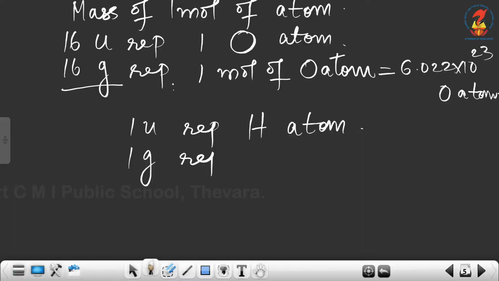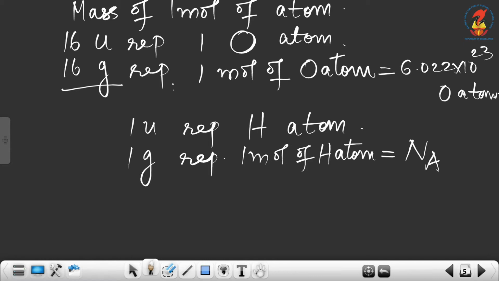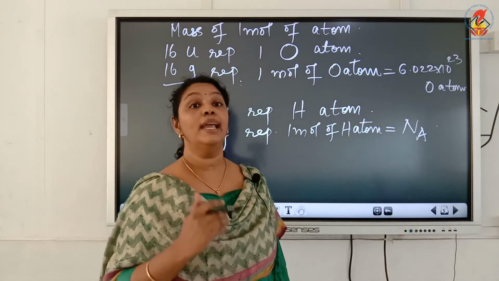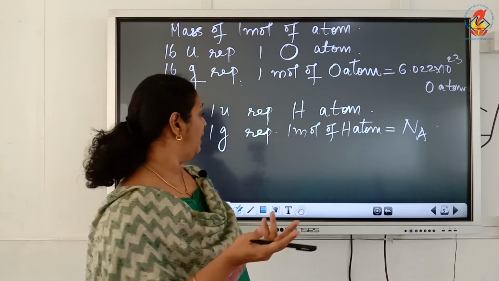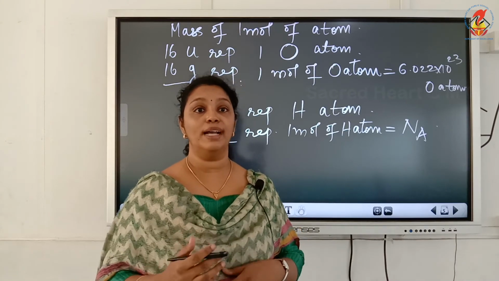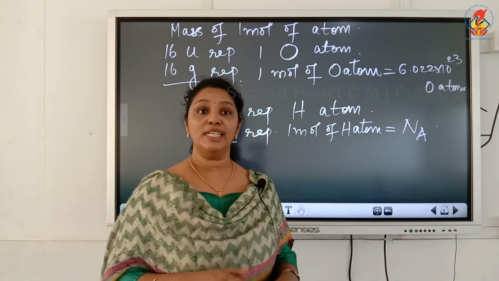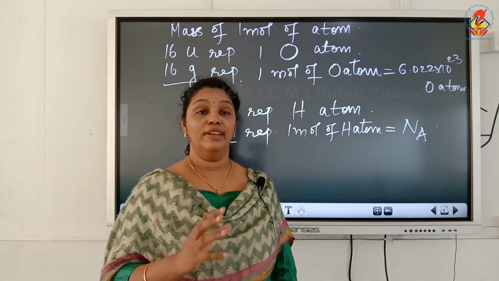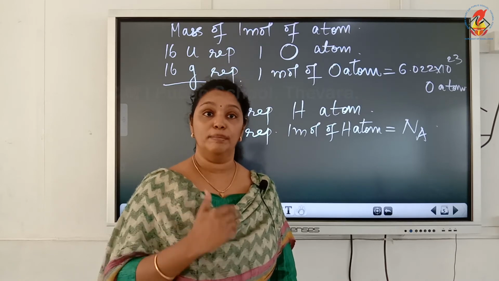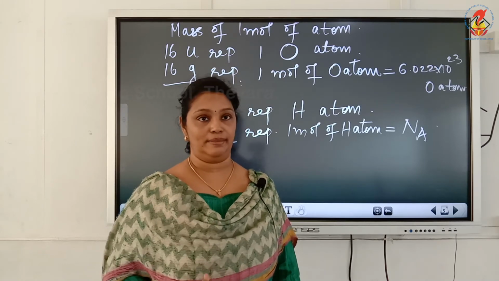So 1 gram represents 1 mole of hydrogen atom. And we know 1 mole of hydrogen atom contain Avogadro number of hydrogen atoms. Or we can say 6.022 into 10 raised to 23 atoms of hydrogen will weigh 1 gram. Okay, so you got the difference between atomic mass and gram atomic mass. Atomic mass means mass of atom in U, whereas gram atomic mass is the atomic mass expressed in grams, and it is also equal to the mass of 1 mole of atom.